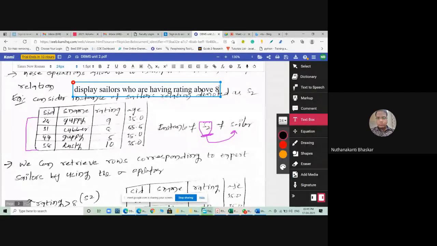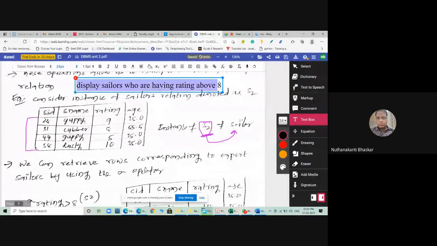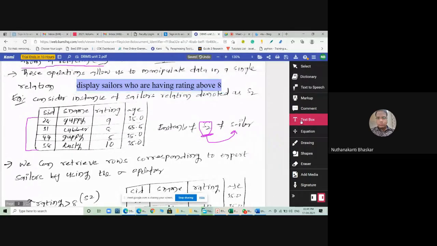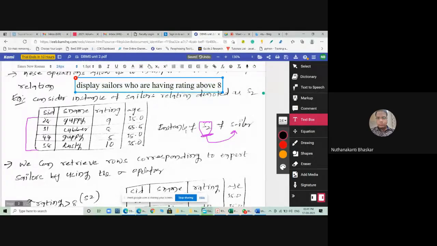What is the meaning of this question? Tell me. I will clear this. Display sailors who are having rating above 8. Here, what is the meaning of this question? Tell me everyone. Any one of you. What is the meaning of this? Display the sailors.